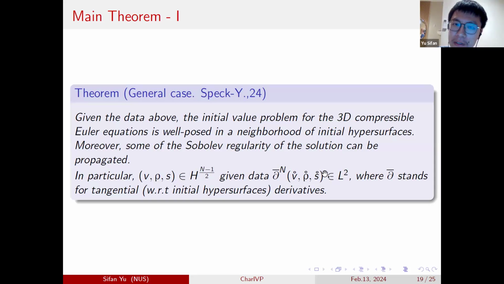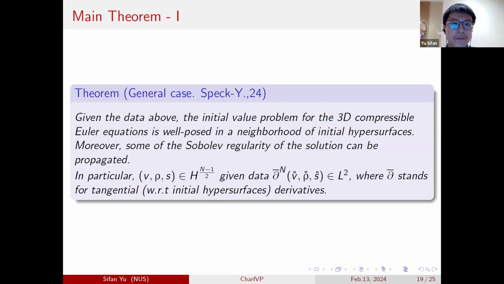So if you can take n tangential derivatives of your initial data, you can only take n over 2 tangential derivatives. Since initially you lost regularity, that's basically what you can hope for at best.